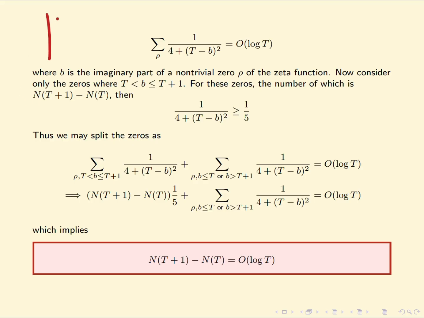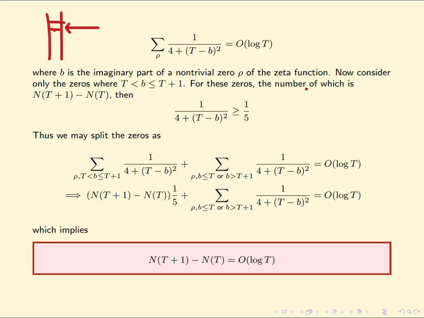So if you imagine this is the critical strip, I'm analyzing how many zeros there can be in a horizontal rectangle of height 1. And that's this number. So n of t is the number of zeros up to this point, and n of t plus 1 is the number of zeros up to the higher point. So the difference of the two is going to be the number of zeros in between those two.